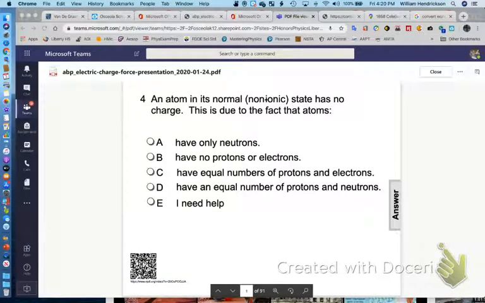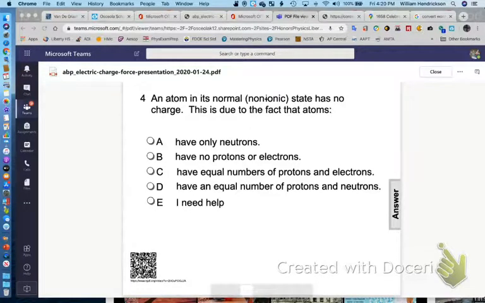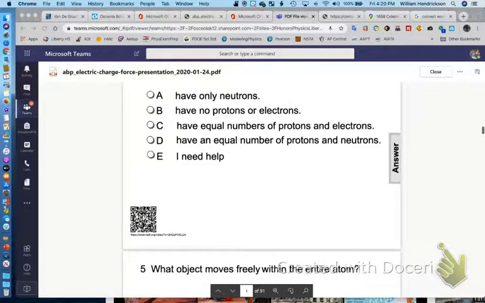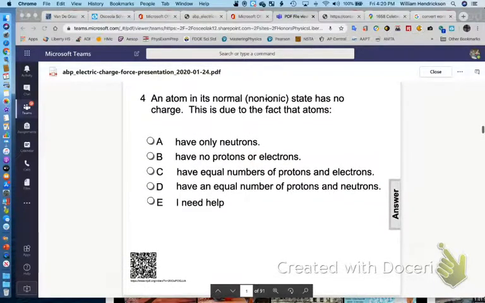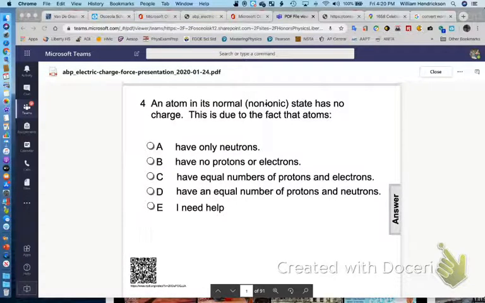Take a moment and pause the video now. Did you pick answer choice C, have equal numbers of protons and electrons? That is why an atom has no charge. They have equal numbers of protons and electrons. Good job.